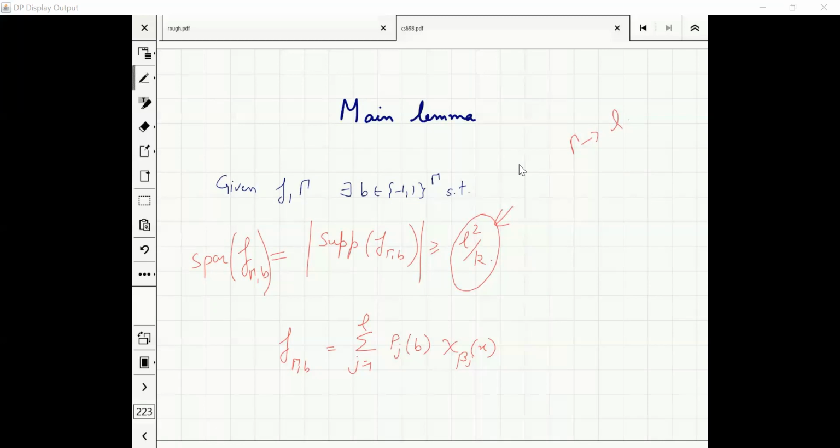My problem is when L is very big. When I still have a lot of active parities remaining, I want to use Sang's lemma and build a lot of relationships. This lemma shows there exists one restriction like this. There exists one function on which you can apply Sang's. Is this sufficient? That we will see later.